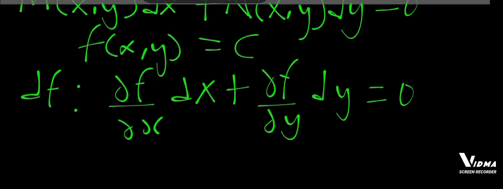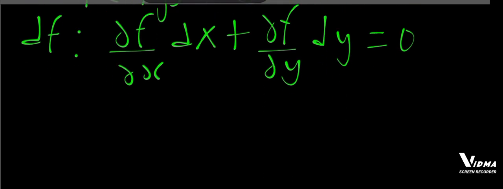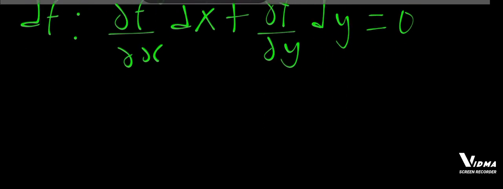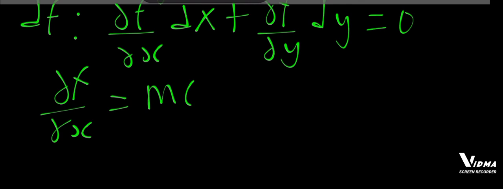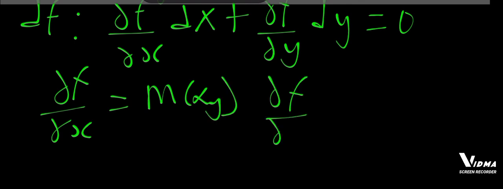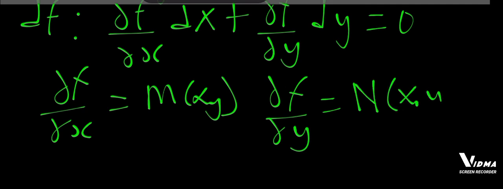So this is how I can rewrite my differential equation. And if that is the case, I'm going to say my del f del x is going to be M(x,y), and my del f del y is going to be N(x,y).